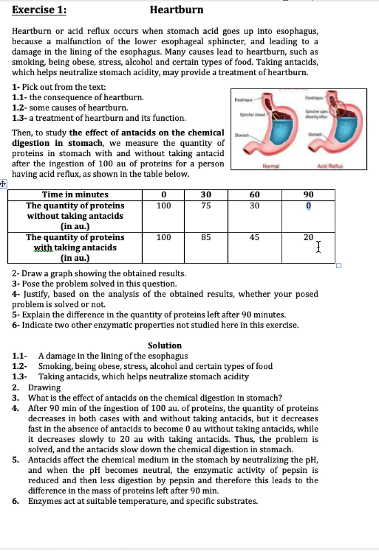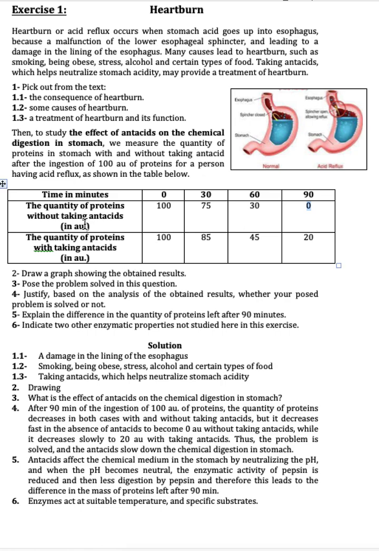Without the antacid it decreases fast, while after taking the antacid, the quantity decreases slowly because it needs more time to finish the 100 AU.